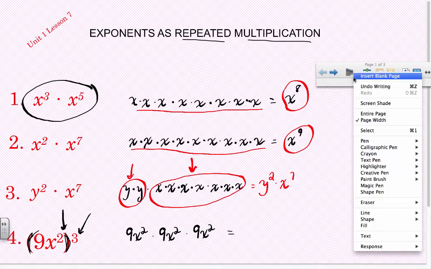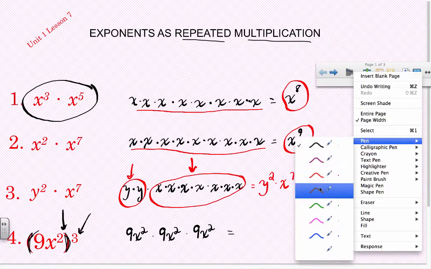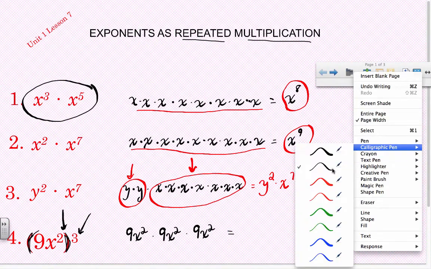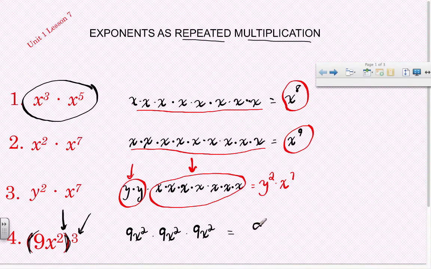Now, to make this even further, I'm going to regroup or associate all the 9's together. And then I'm going to put all my x's together.